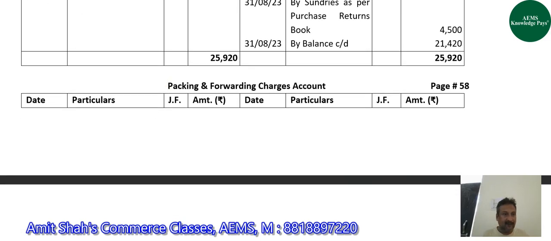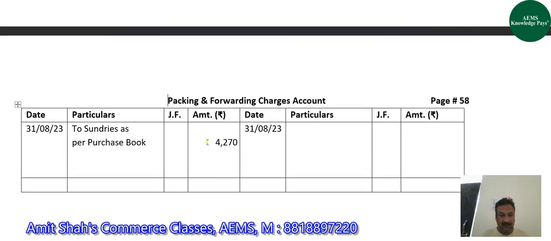Next is packing and forwarding charges account. It has only one debit, 4,270, so that only would be the balance of this account.